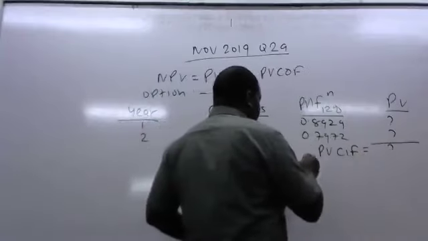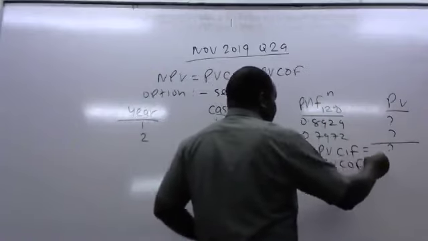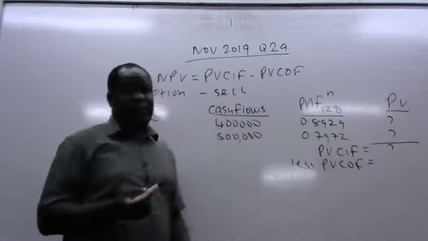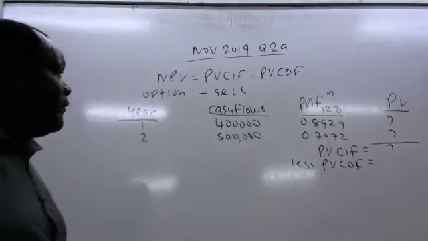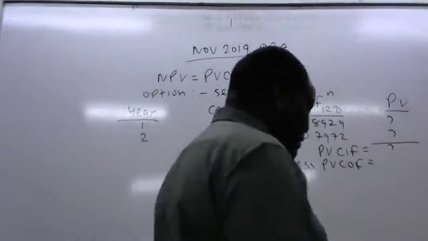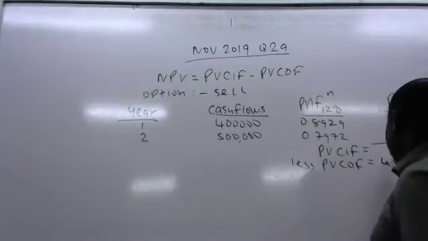Then you are supposed to subtract the present value for the cash outflows. For that alternative, sell, that figure is 400,000, the initial cost.